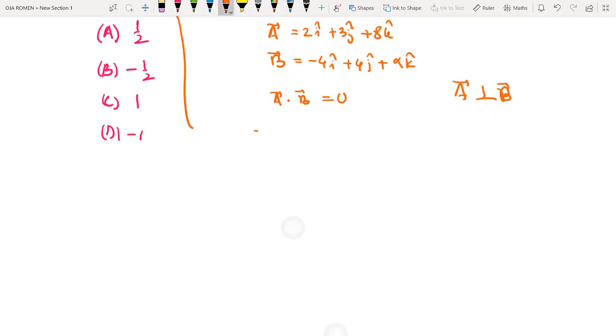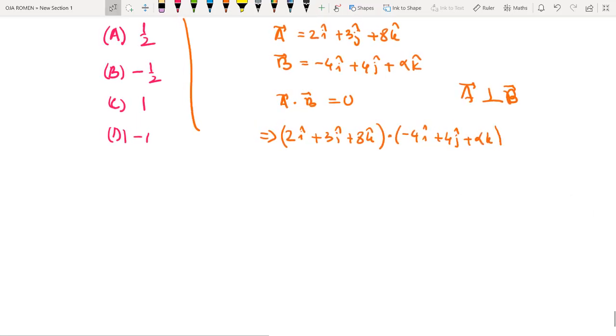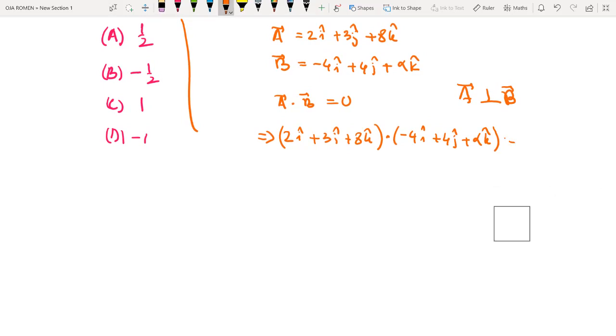So that is (2i plus 3j plus 8k) dot (minus 4i plus 4j plus alpha k) equal to 0.